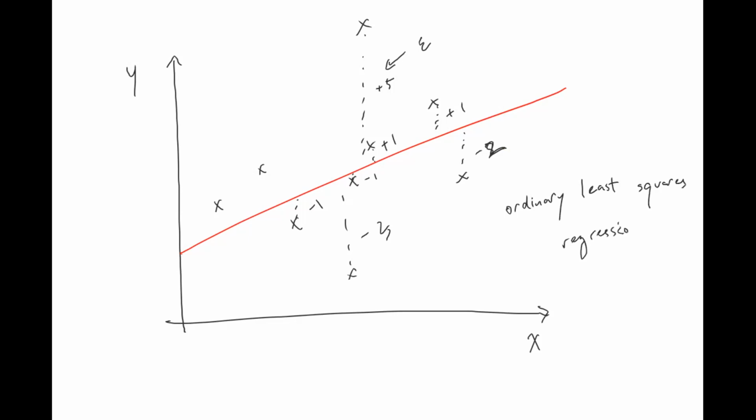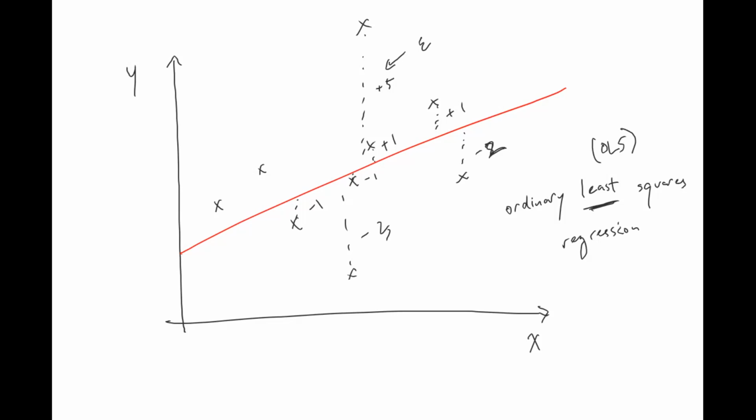You're trying to find the line that reduces the error as much as possible. So least, and then you're squaring it. This is the OLS regression that you may have heard of. You could also take the absolute value. That is a perfectly legitimate way of doing this.